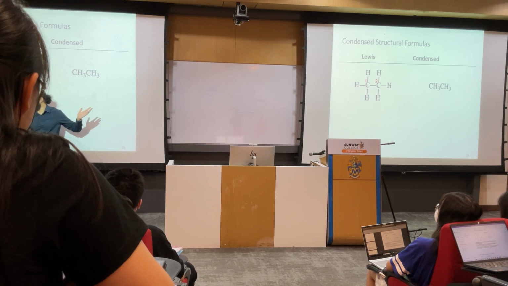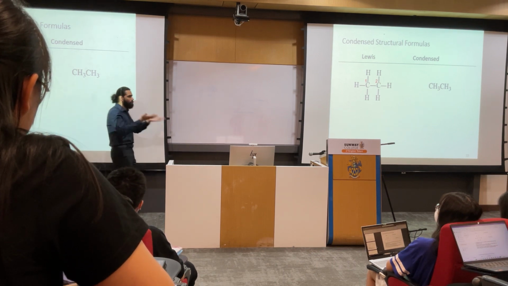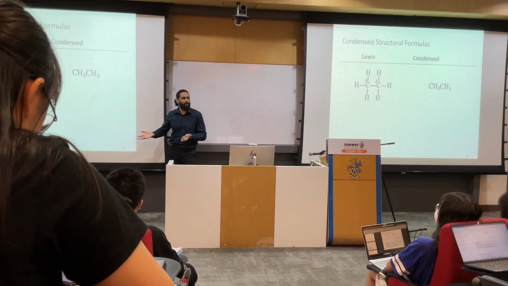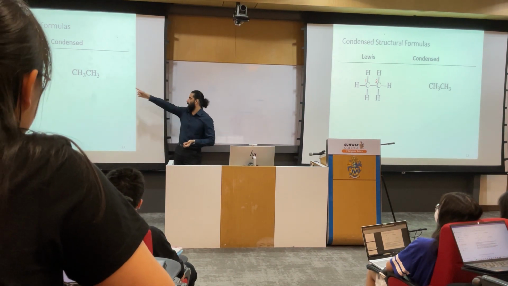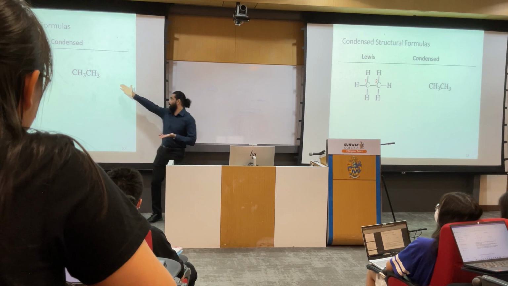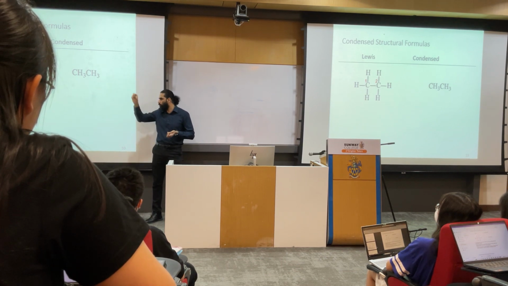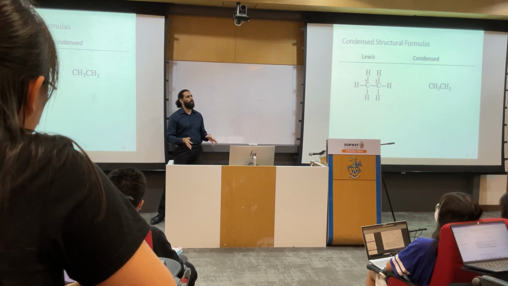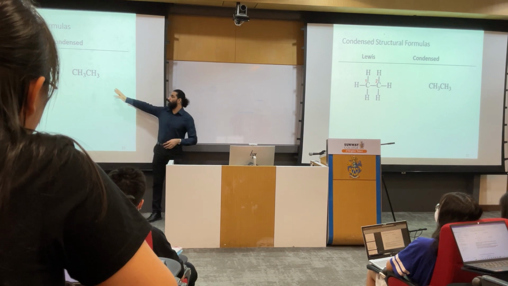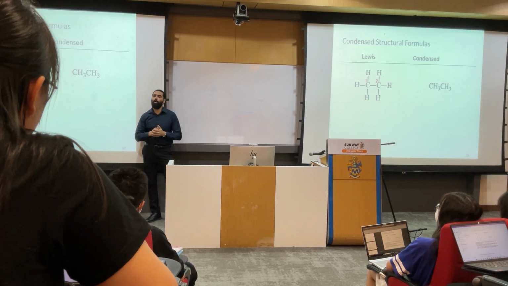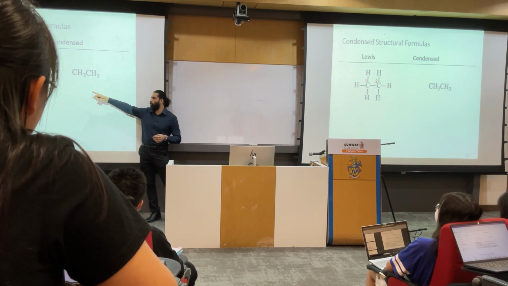Why? Because this is condensed and it's logical. There's no confusion in someone's mind when they look at this structure. But who has all the time in the world to draw these lines? So in a lot of textbooks, as well as for the sake of this course, you will be looking at condensed form structures a lot. I know that some of you may have practiced one form and not the other.